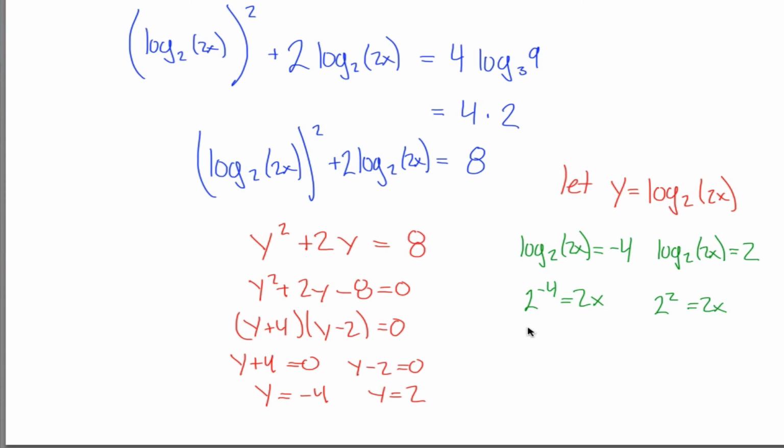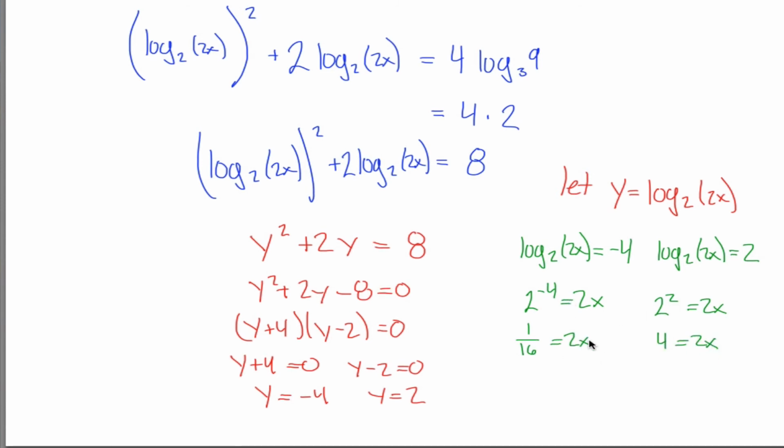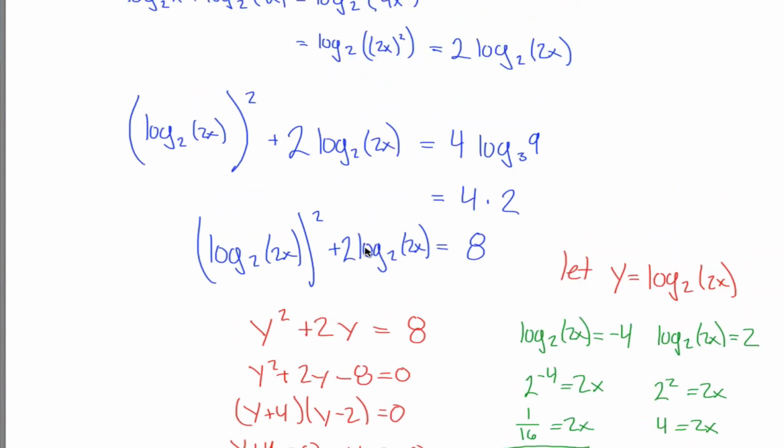So 2 to the negative 4th power is 1 over 2 to the 4th power, which is 1/16. And then 2 squared is 4. So if I solve for x over here, I'll divide by 2 and get that x is equal to 1 over 32. And over here, if I divide both sides by 2, I get that x is equal to 2. These right here end up being the solutions to the original equation.